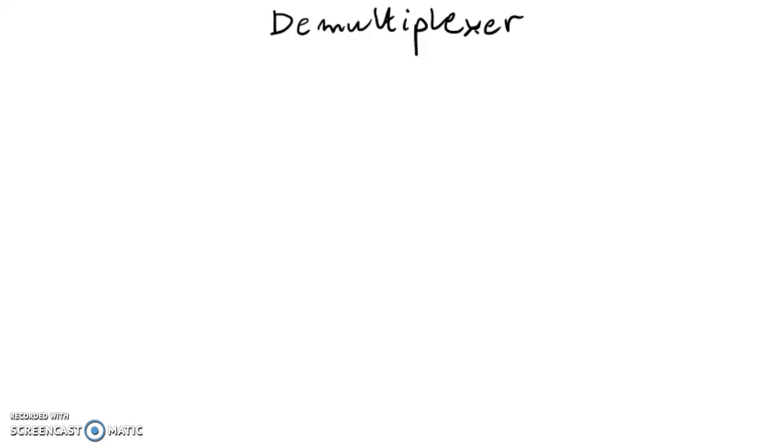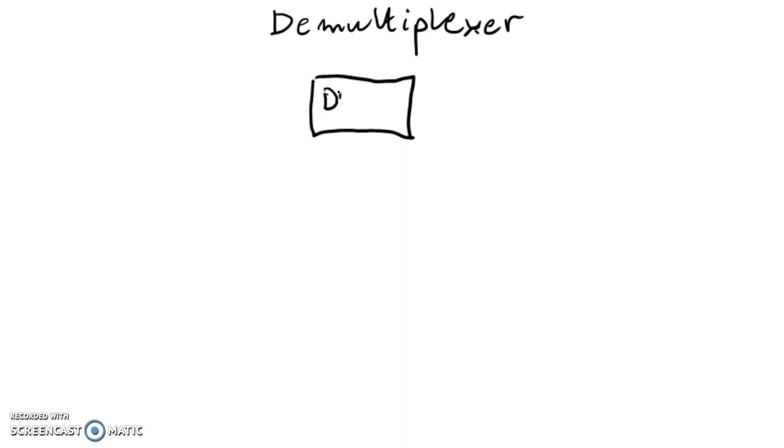Hi, in this mini lecture I'd like to introduce the demultiplexer as a device whose operation is in a way opposite to the multiplexer. Let's start with an example. Imagine you'd like to test 4 different DACs from different manufacturers.